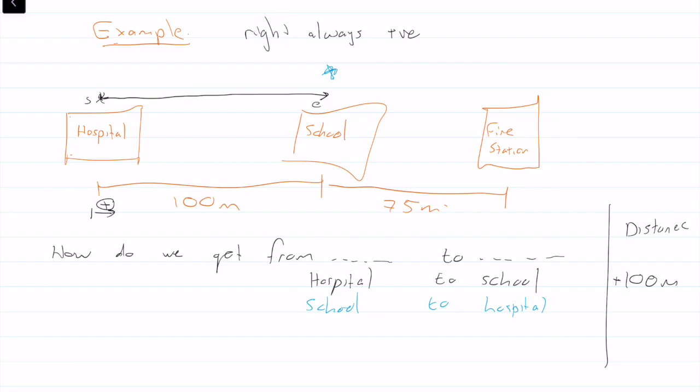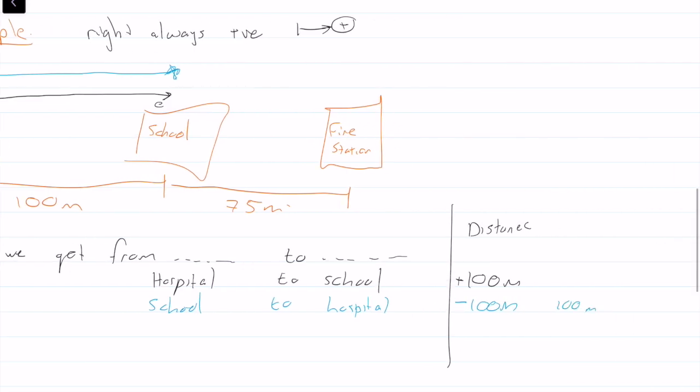So going in that direction is always positive. Now I'm going from the school to the hospital, so this time I'm going in the left direction. So I'm going minus 100 meters, or 100 meters left. And in this case, it was 100 meters right.